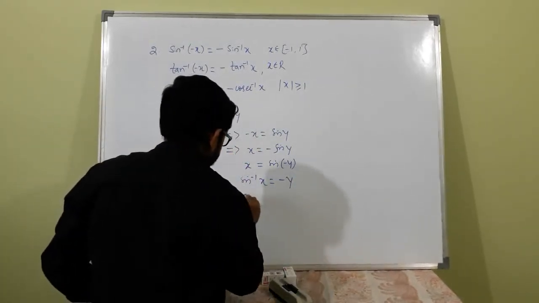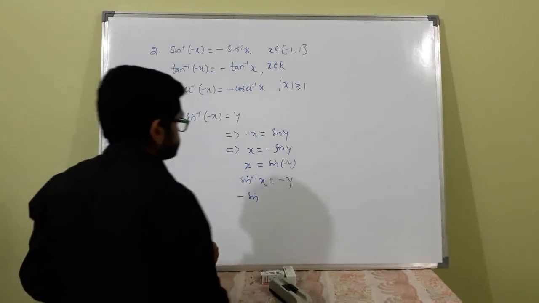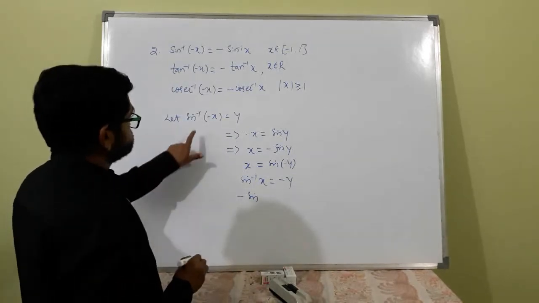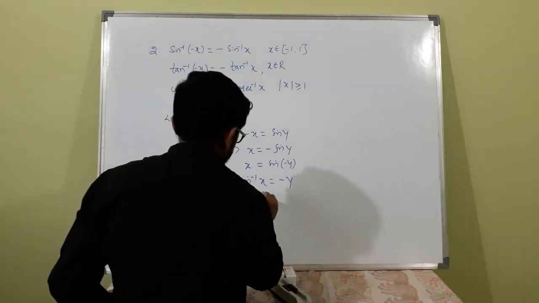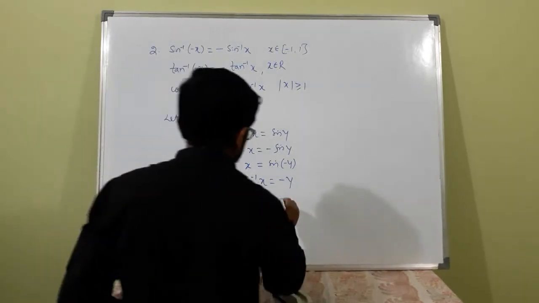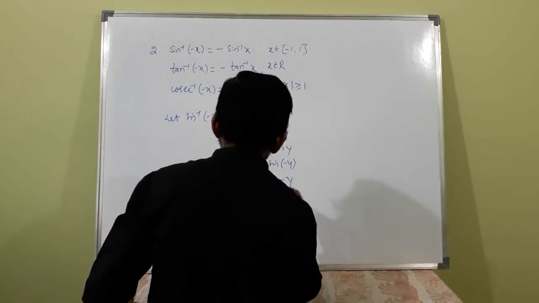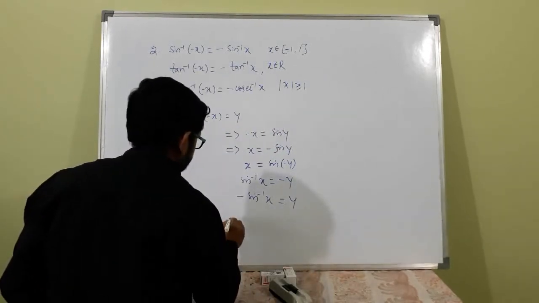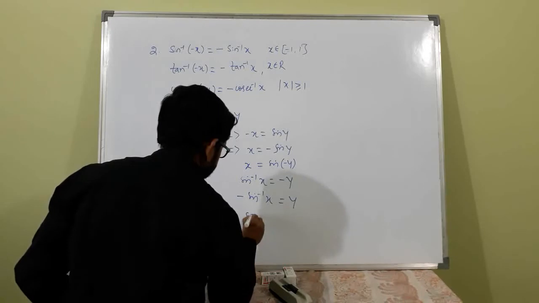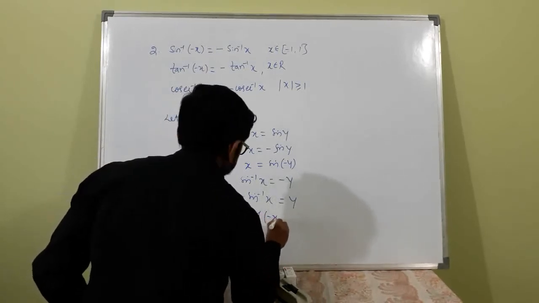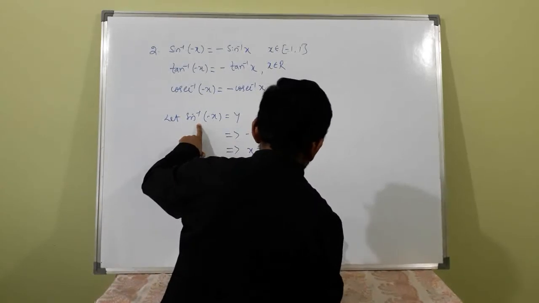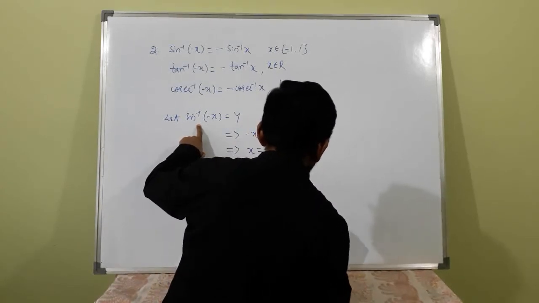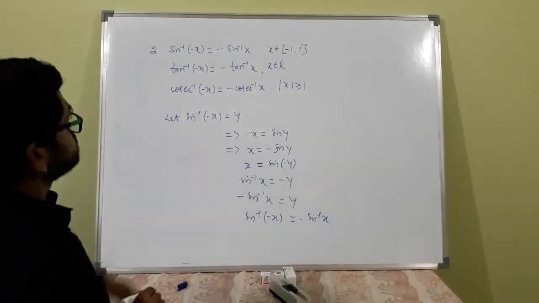So minus sine inverse x is equal to y. Therefore, sine inverse of minus x, y is this much, is equal to minus sine inverse x.